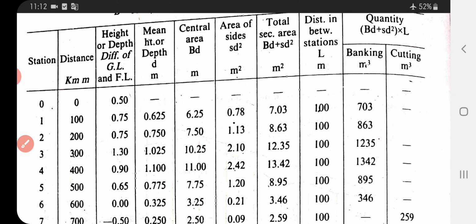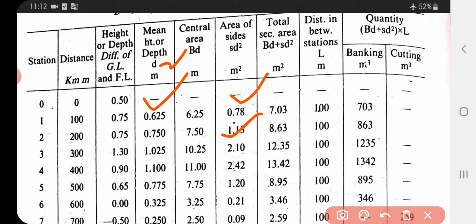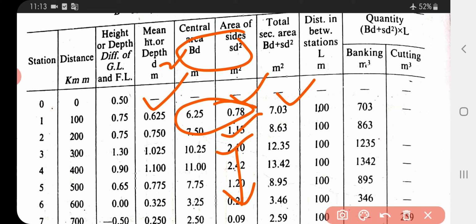Area of sides SD square, S equal to 2, then you get S into D square, and you get the values 0.78, 1.13, 2.13, and so on up to 1200 meters. Then add these two terms, and you get the column total sectional area in square meters.